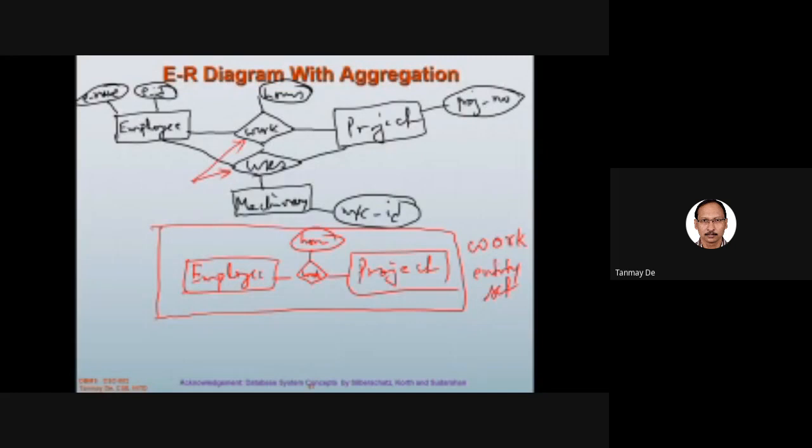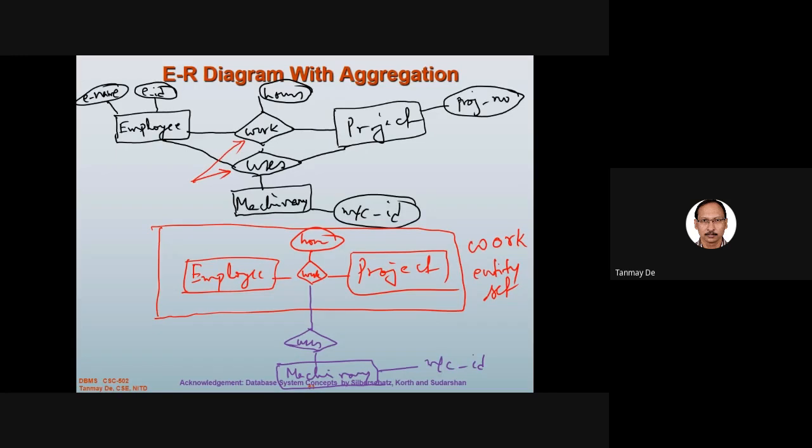Now this work entity set is associated with the uses relationship, and uses is associated with the machinery entity set. And of course machine ID is one of the attributes.